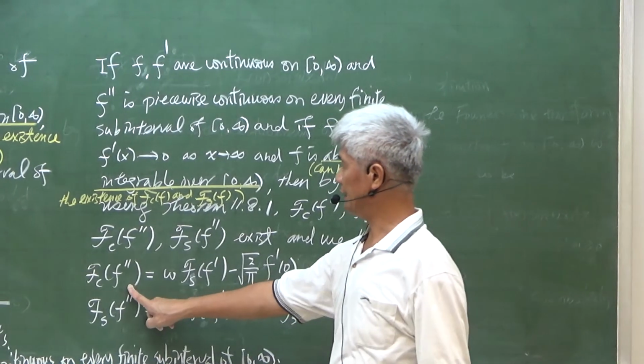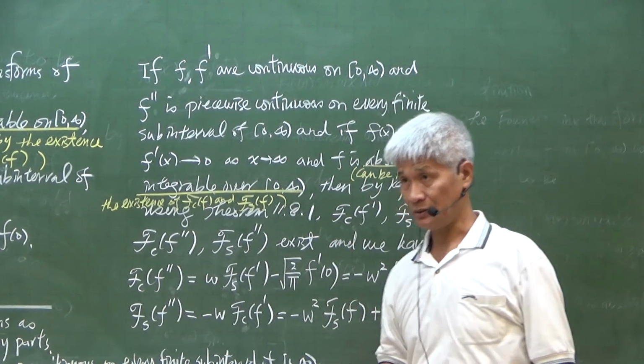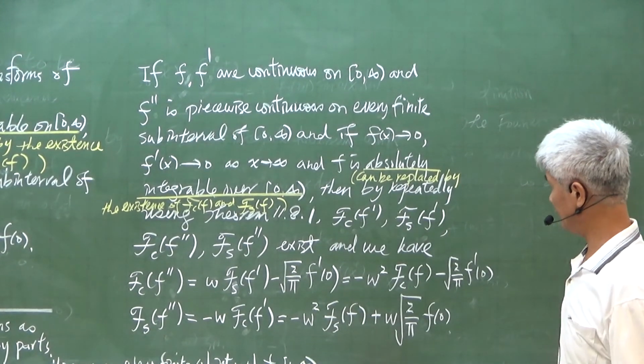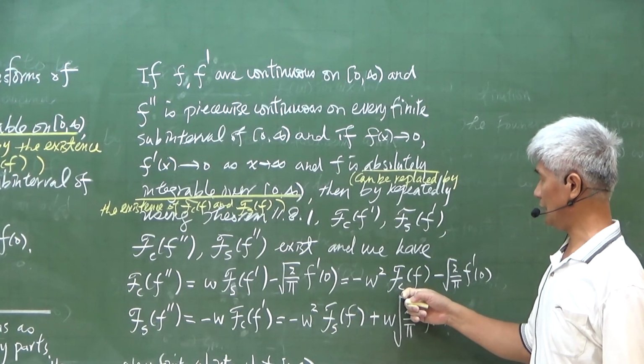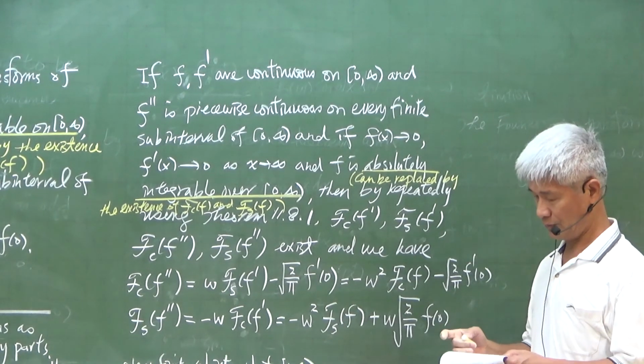So we can obtain the Fourier cosine transform and the sine transform of the second derivative directly from the Fourier cosine transform and the Fourier sine transform of f by using this formula.